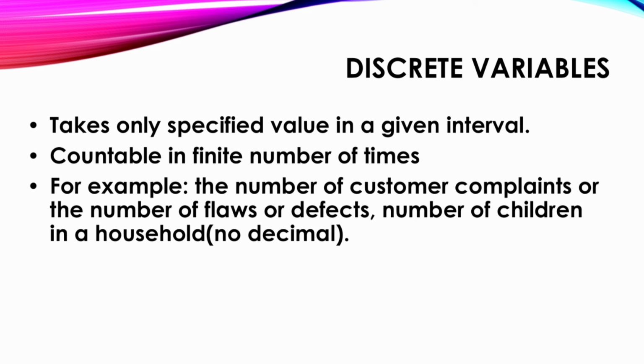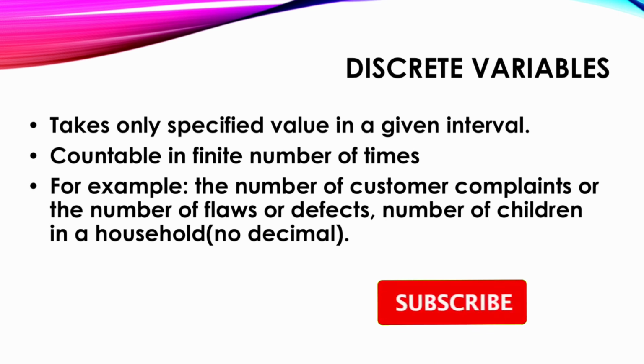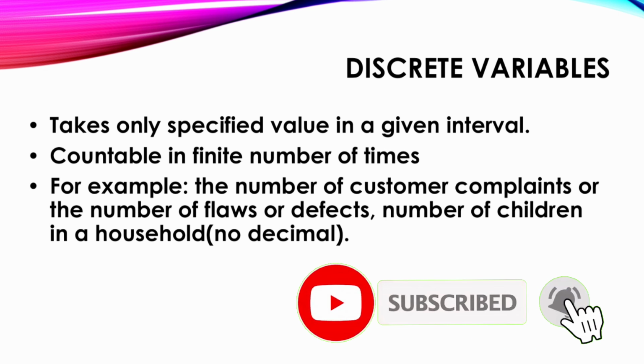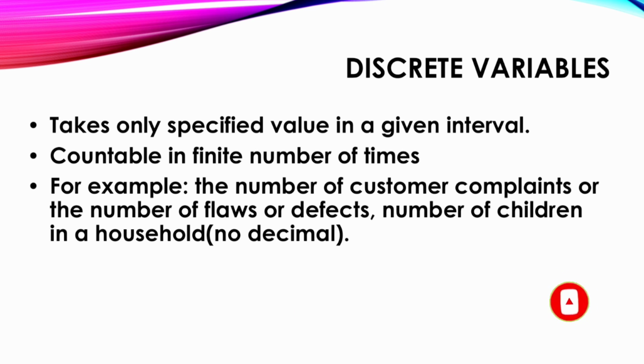That is, it takes values which are countable in a finite number of times. For example, the number of customer complaints, the number of flaws or defects, the number of children in a household. Basically it takes values which will not have any decimal, those which can be counted, which are whole numbers. These are what are considered in a discrete variable.